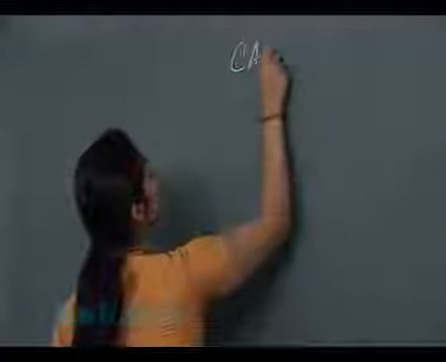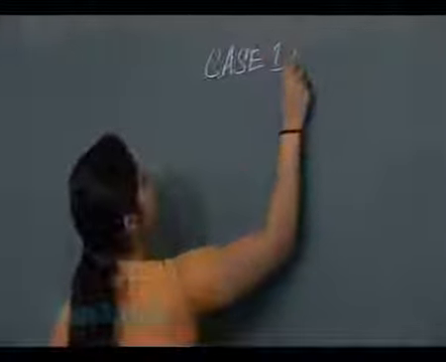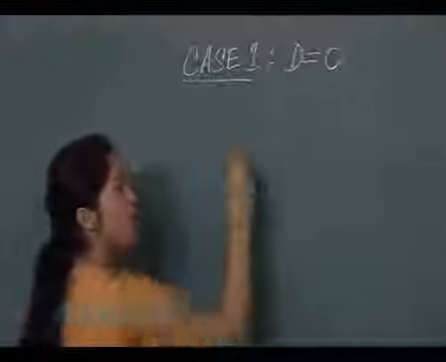Now students, we will discuss case 1 where D is equal to 0. So we will take case 1. Here D is equal to 0. Now what is D?